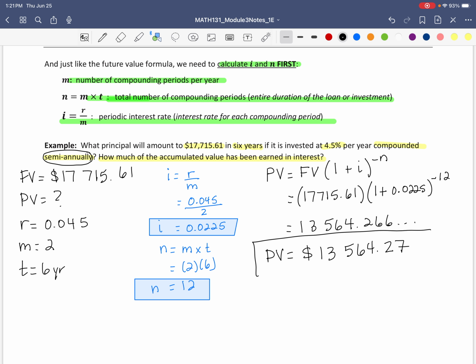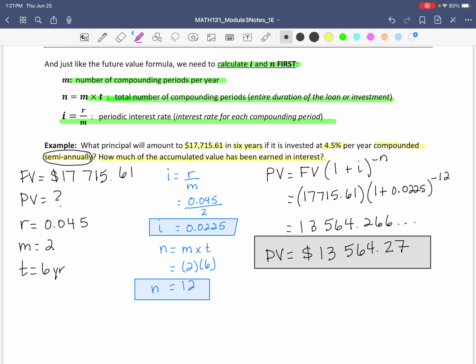All right, so there is the first part of the question, which was what principal will amount to? The principal that will amount to that 17,000 and change is a principal value, or present value, of $13,564.27.